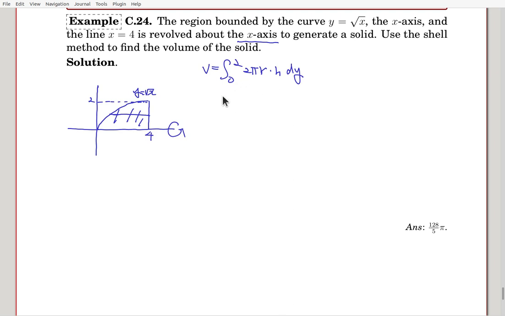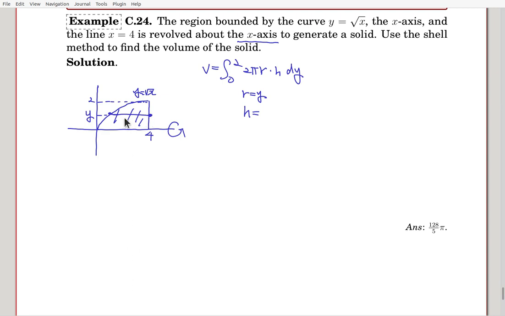For each y, r itself is y. And what is h? h is from here to there. We have to express this height as a function of y.